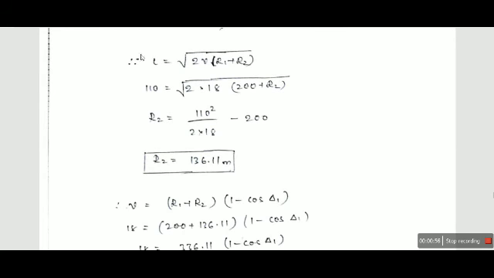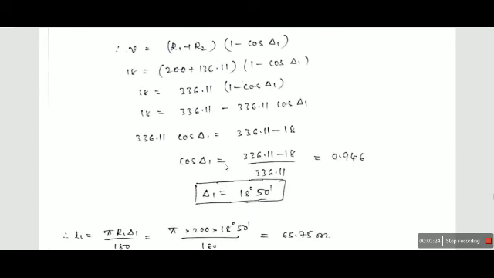For two different radii, the L formula will be square root of 2V into bracket of R1 plus R2. Here we know the L value and the V value, and we know the radius of the first arc, so the only unknown is R2. Filling in all the values and simplifying, we will get the R2 value as 136.11 meters.